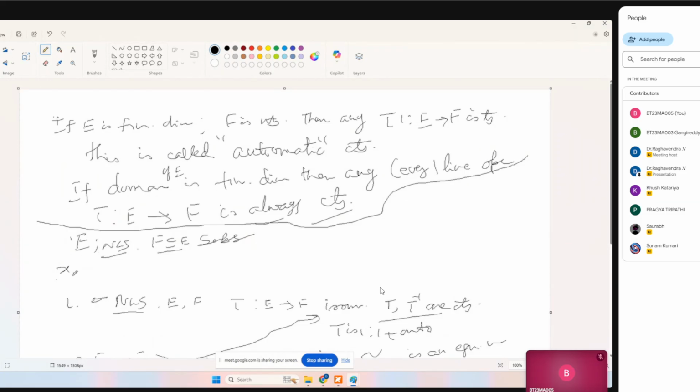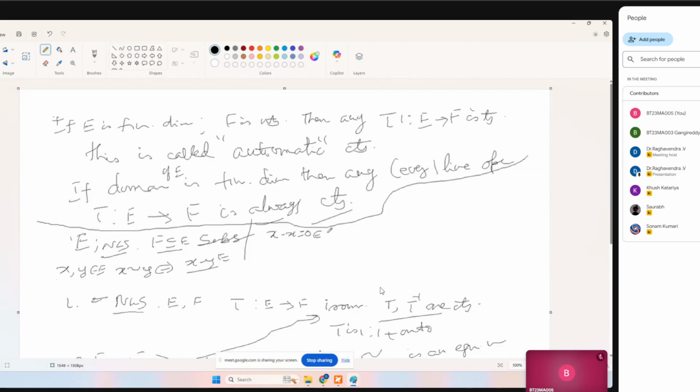So take two elements x, y in E. You say that x is related to y, this is the definition, if and only if x minus y is in F. Now x minus x is 0.